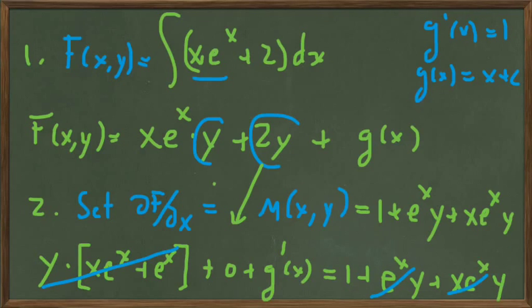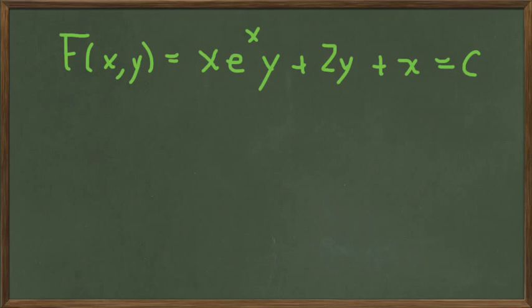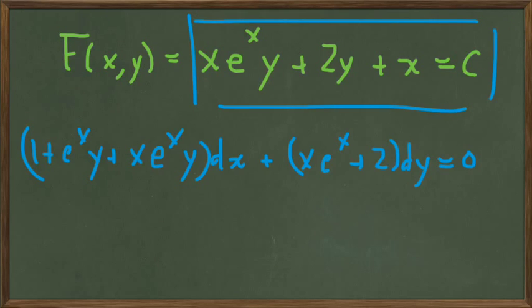And so we just replace the g of x here with x plus c. And so let's write that out. And remember that we put the c on the right-hand side and set everything equal to that c. I've written the original differential equation below this solution.